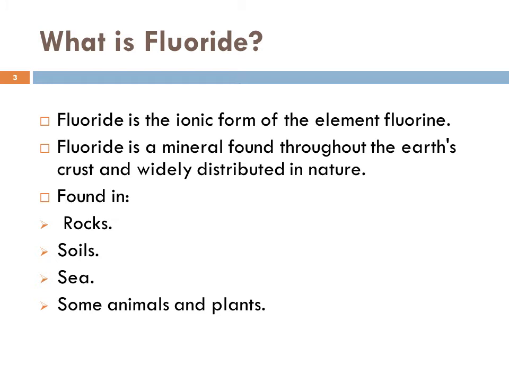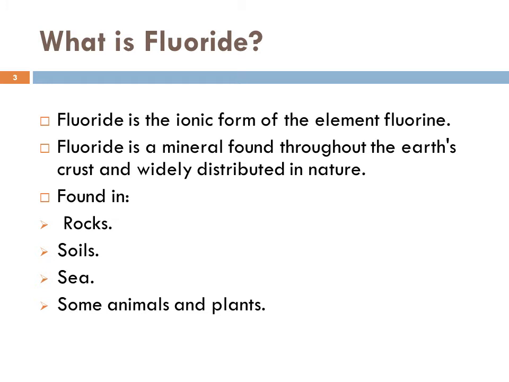So fluoride is found throughout the earth's crust and is widely distributed in nature. It can be found in rocks and soils as different salts or minerals, in combination with other ions. It can be found in the sea.